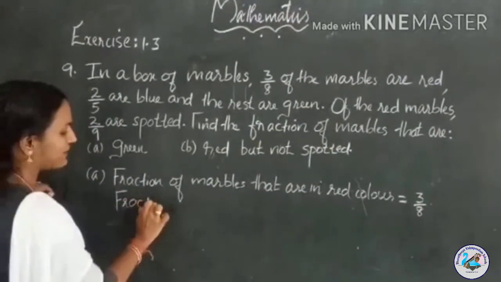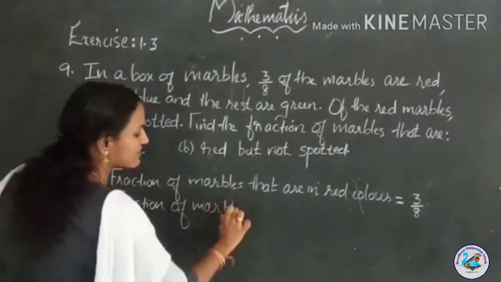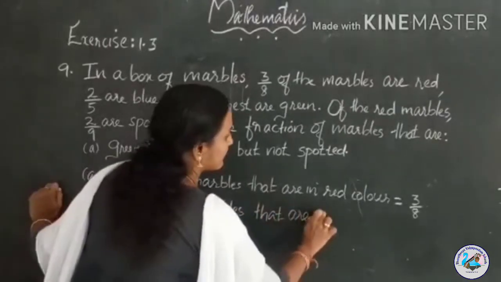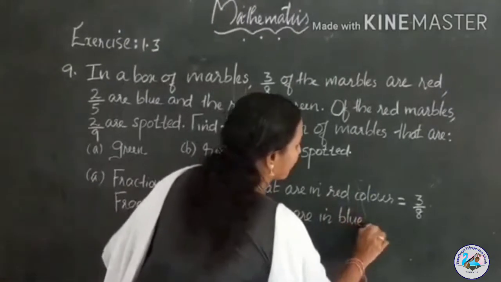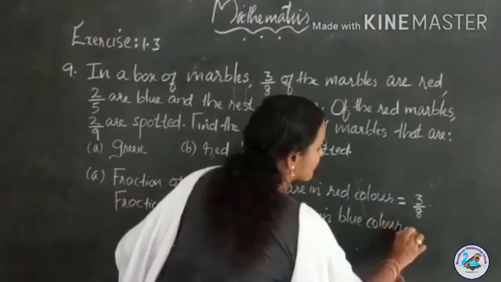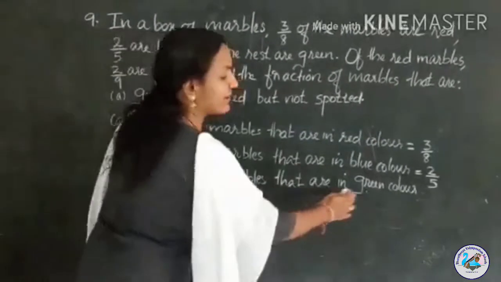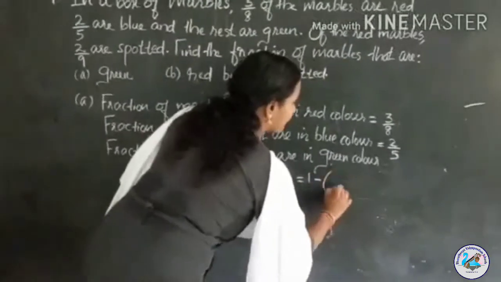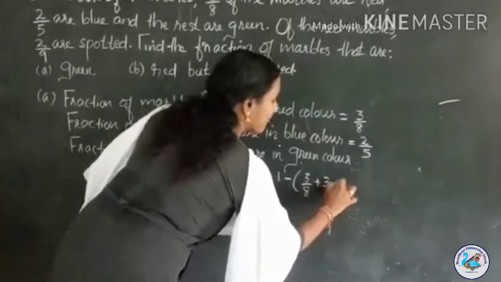Fraction of marbles that are blue is equal to 2 by 5. Fraction of marbles that are green is 1 minus (3 by 8 plus 2 by 5).